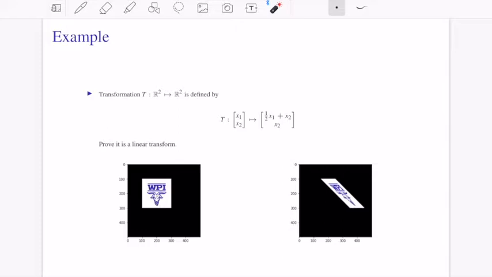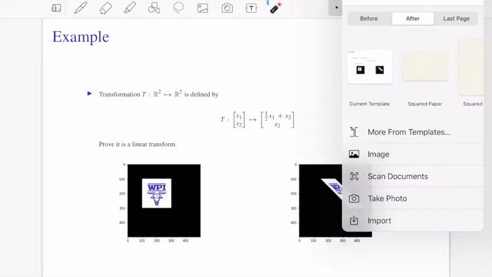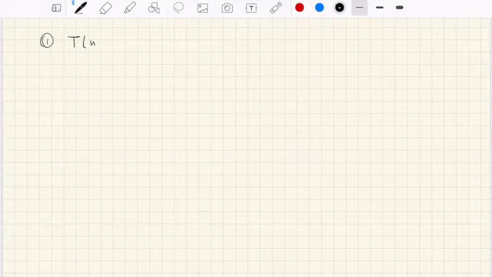Now we want to prove this is a linear transform. To do that, we want to check two conditions. So the first condition is we want to check T of U plus V equals TU plus TV.